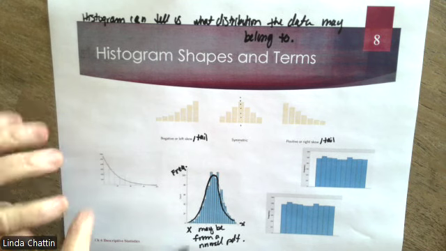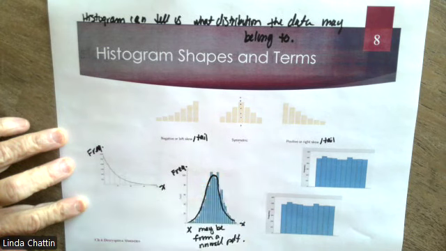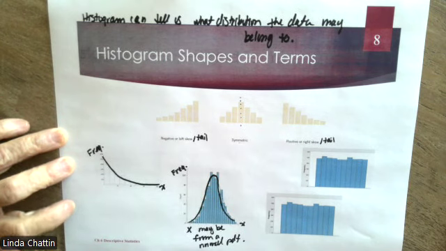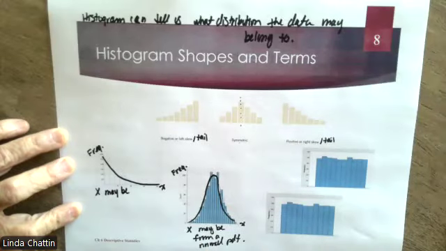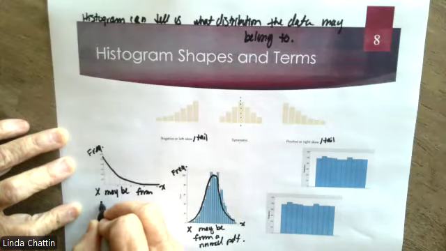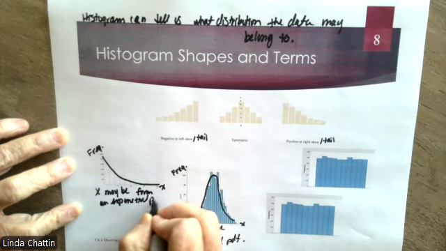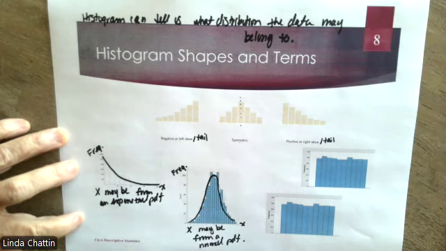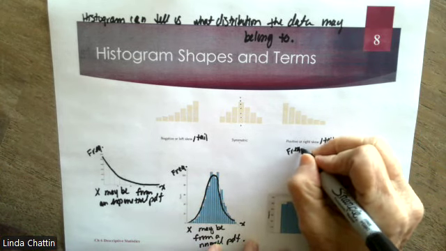Here is another example. If the y-axis is the frequency and this is x, and my bars seem to be doing this sort of exponential decay, then we could say that my random variable x may be from an exponential distribution, because it fits that look. Here's a couple of others. Notice they're the same here: both have x on the x-axis and frequency on the y-axis.